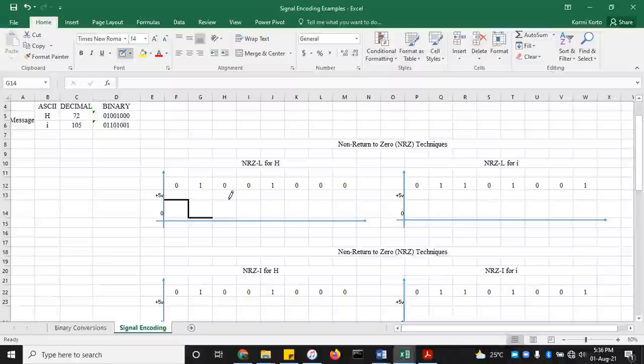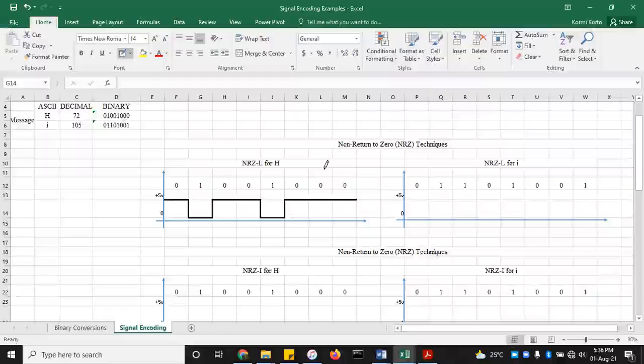So the same applies: high, high, low, high, high, high, and then you can just join them. So that would be the non-return to zero level of signal for the uppercase character H of the message that we have.